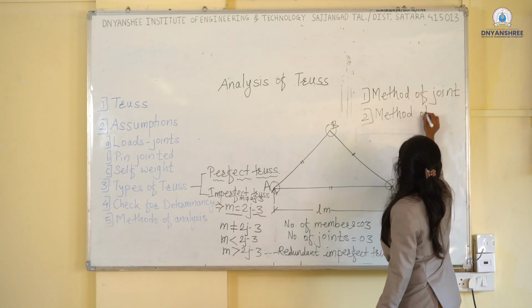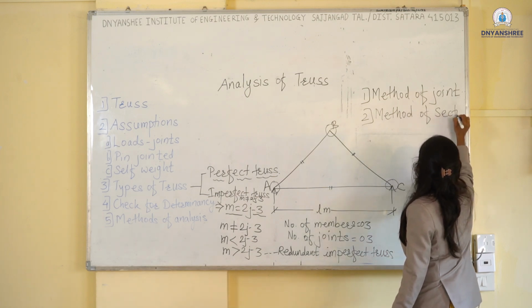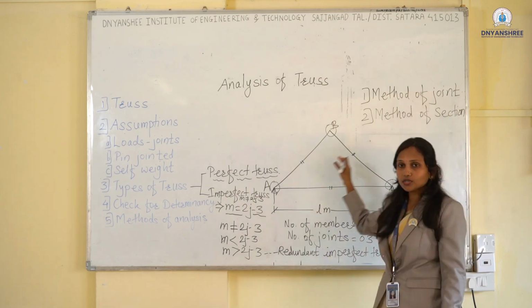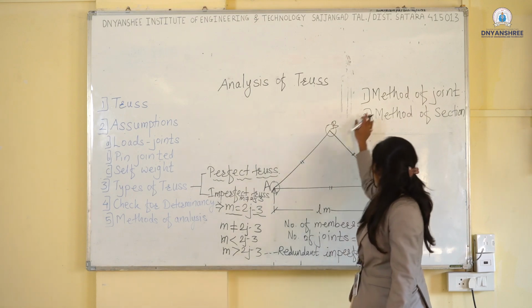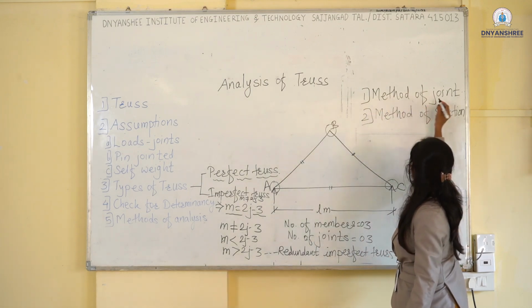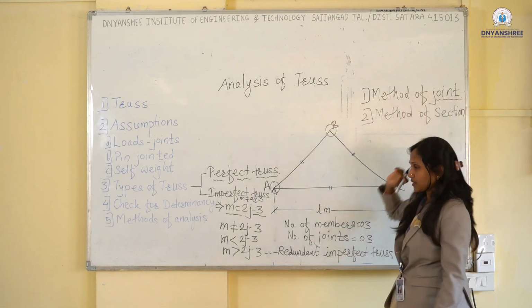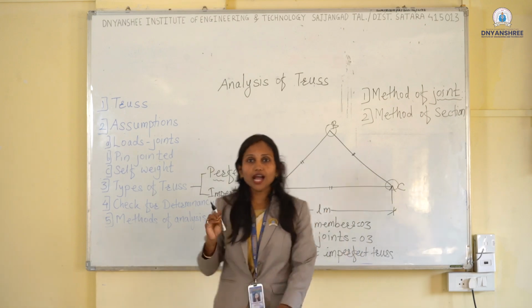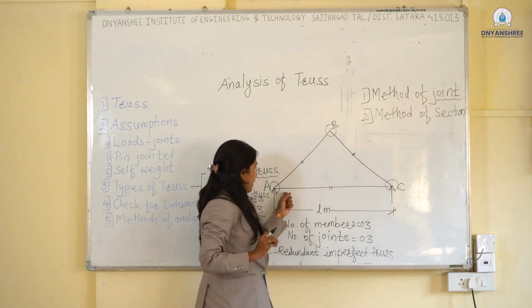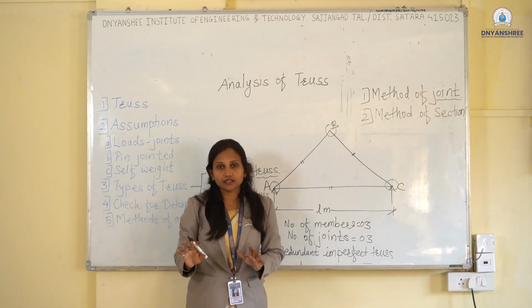Now, what is the difference between the method of joint and the method of section? As its name indicates, in the method of joint you always have to consider a single joint for the analysis.